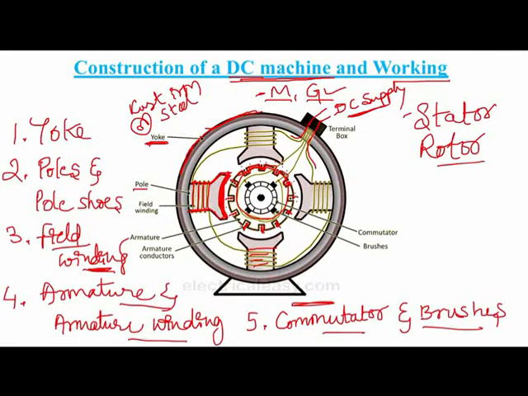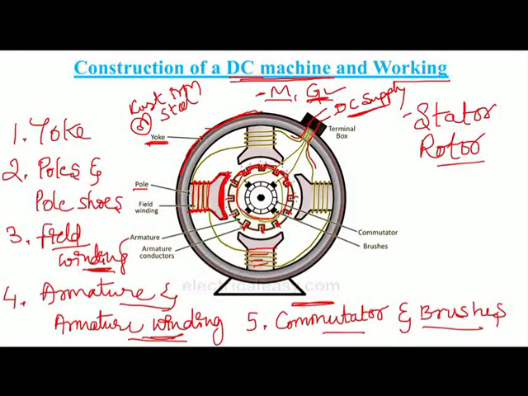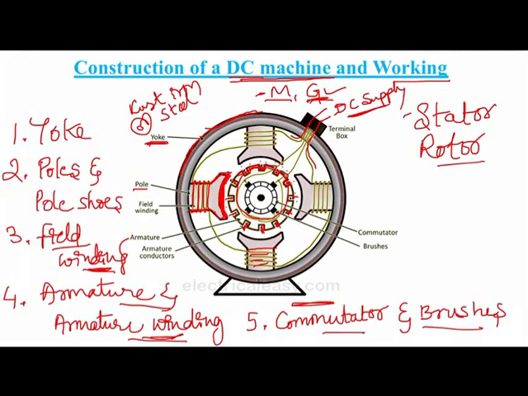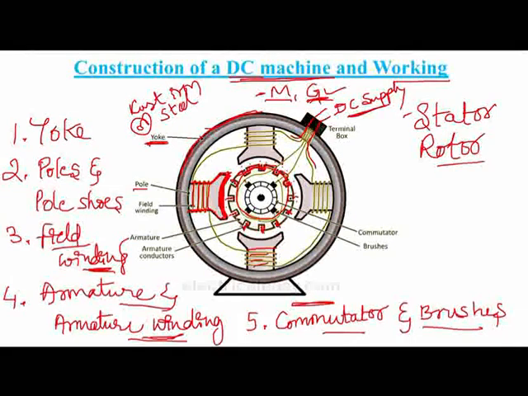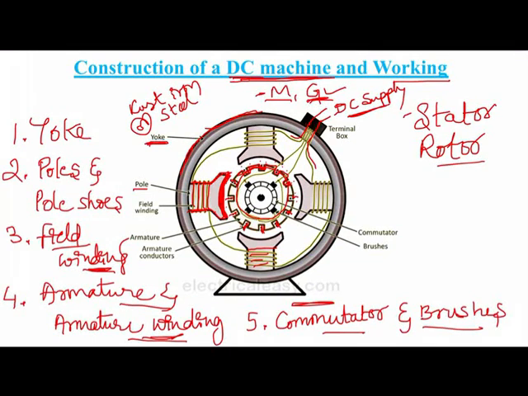Whatever conductors we have placed inside the slots of the armature, during the generator action, the EMF induced, the voltage induced in the armature winding is AC according to electromagnetic induction and Faraday's laws. The induced EMF in the slots is AC. But here we are talking about the DC machine, so the output should be DC.